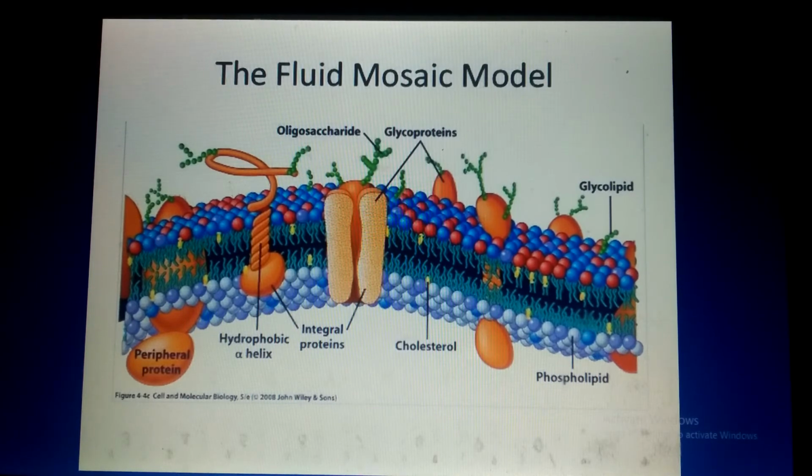So this is the concept of the fluid mosaic model, in which the phospholipids act like the sea of the lipids in which proteins float. That's why it is called fluid mosaic, because of the pattern of the protein scattering and the fluidity of the lipids.